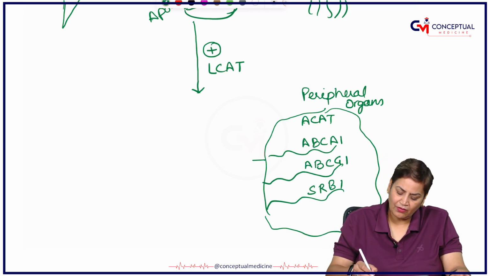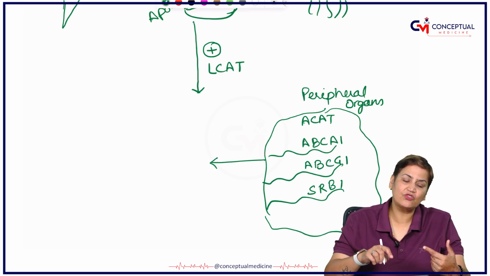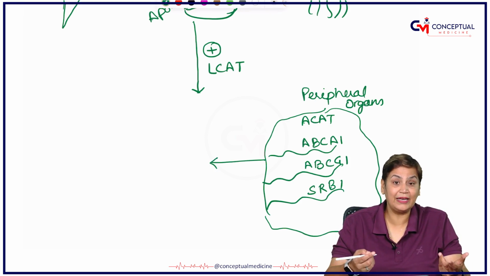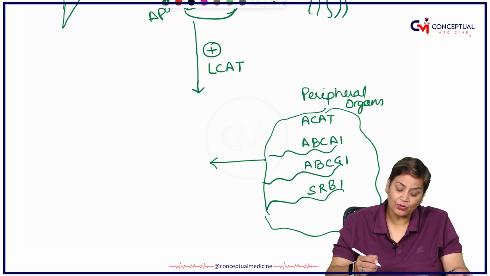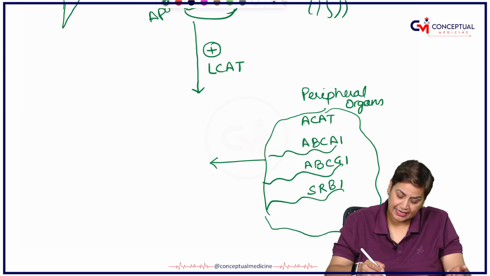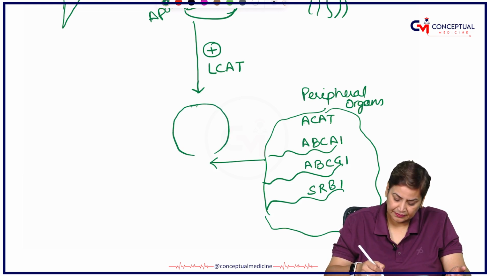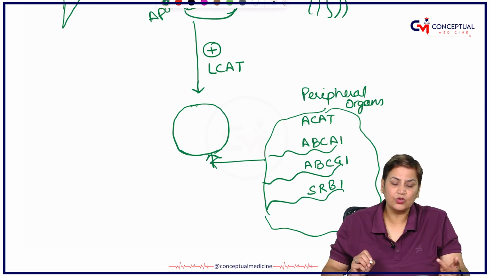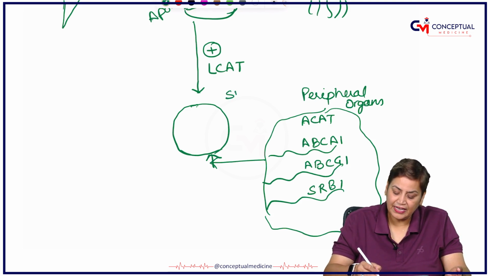So they all will help cholesterol to be converted into an ester. The moment cholesterol becomes an ester, it forms a spherical shape like this. So we can call it spherical HDL.